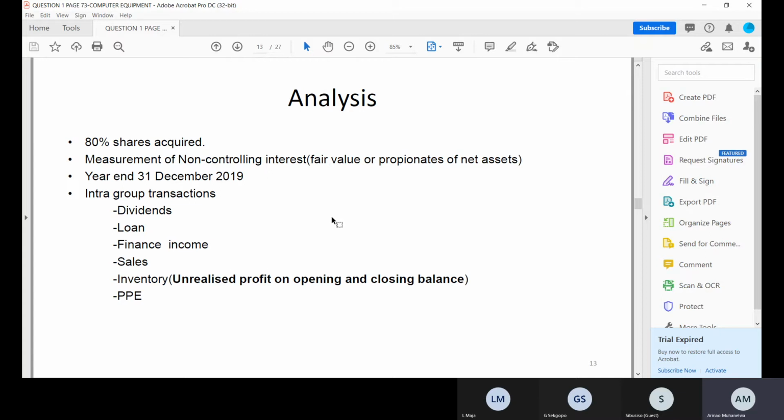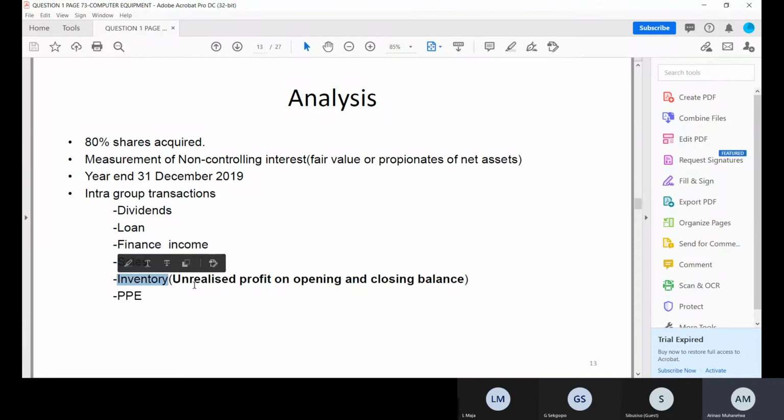Let us take a minute and look at some of the takeaways from this example. We acquired 80% of the shares. The class example told us that non-controlling interest is measured at fair value. The year end is 31st December 2019, and there are a lot of intergroup transactions: dividends received, loan between the two companies, finance income, sale of inventory, and the inventory on hand.